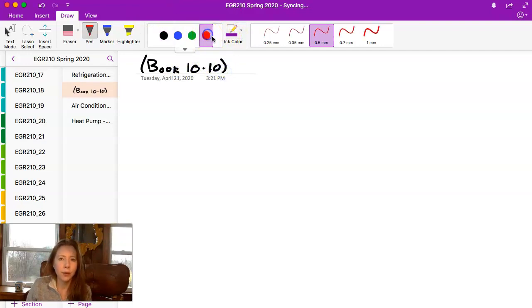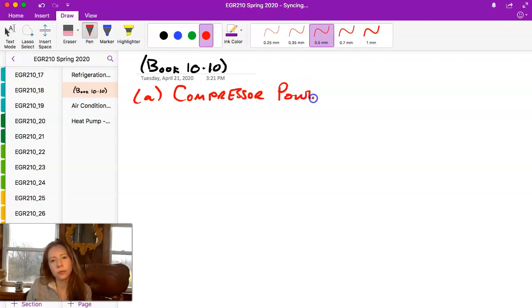All right, so for A, the compressor power, this is going in. So there is one thing we definitely need to know first, and that is the mass flow rate of our refrigerant. We were given our volumetric flow rate, but we need to find our mass flow rate.